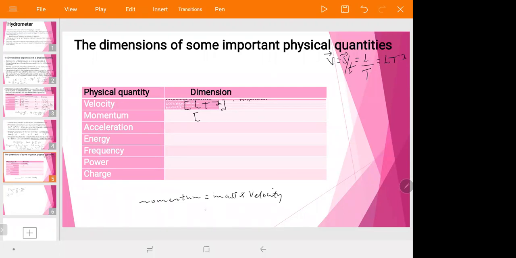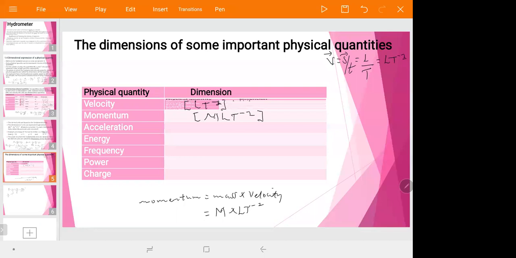So the dimension of mass is capital M, and the dimension of velocity is LT minus 1. What is the dimension of momentum? MLT minus 1. MLT minus 1 is the dimension of momentum.